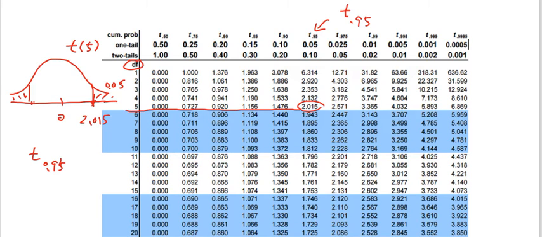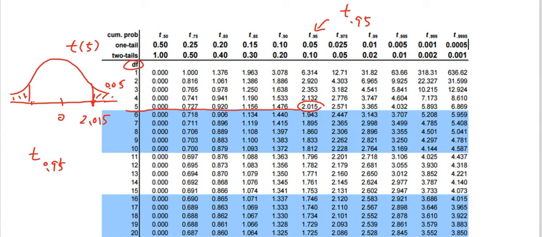So actually 2 tail is 2 times 1 tail, because the T distribution is just like the standard normal distribution, symmetric. Okay. So you understand there's a table. The table just gives me those numbers, which are just cutoff points. Okay, or just like a T star.